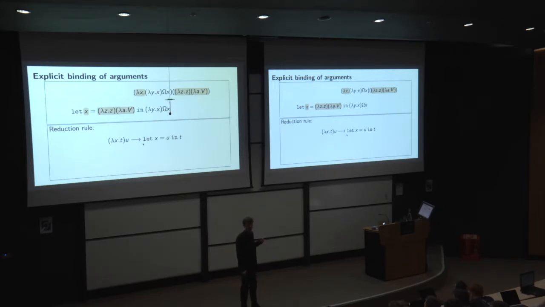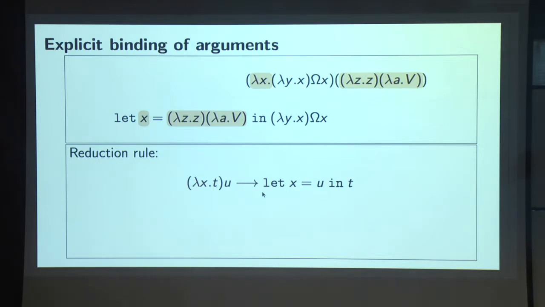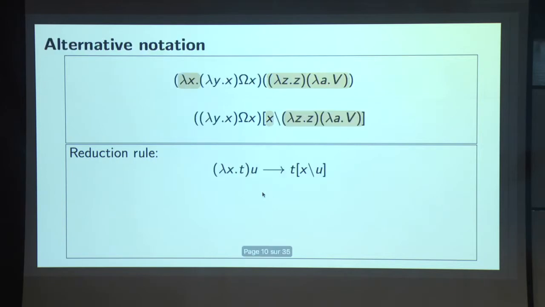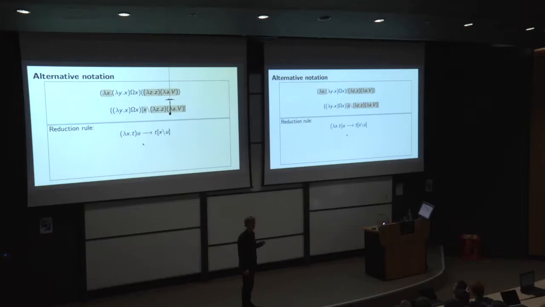So we just create a binding between the variable x and the actual argument. And this can be done, for instance, with a let construct. In this talk, we'll just use a slightly more compact explicit substitution notation. That's exactly the same thing from a semantical point of view. That's t in which x is substituted by u, the same as let x equals u in t.